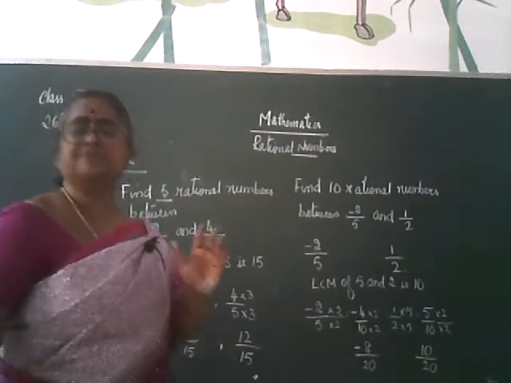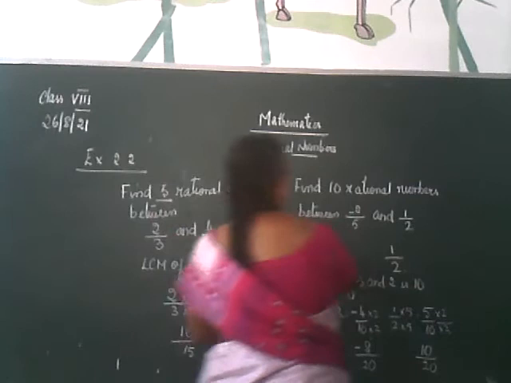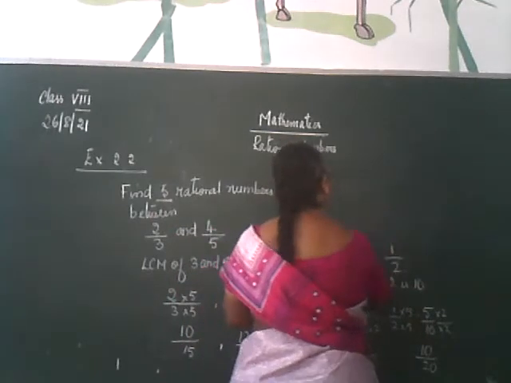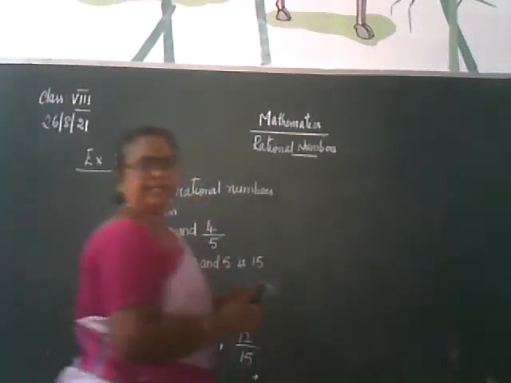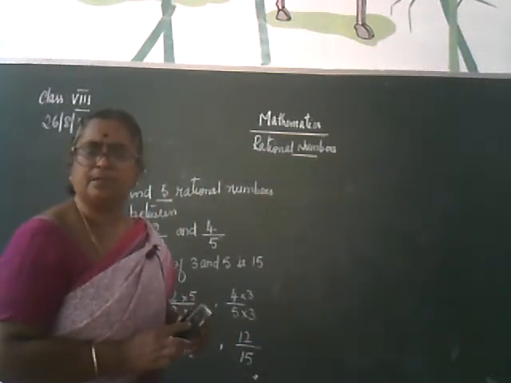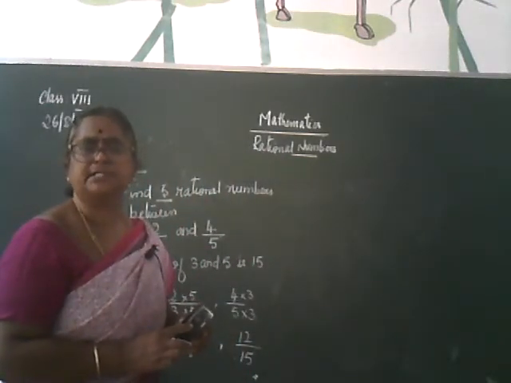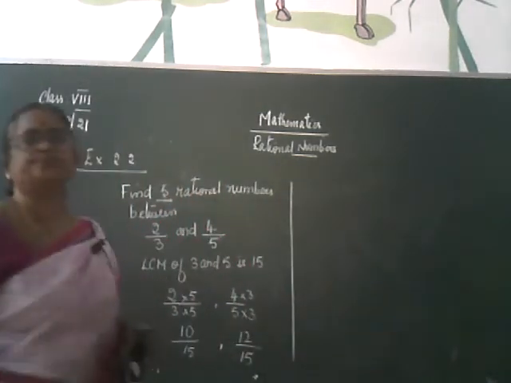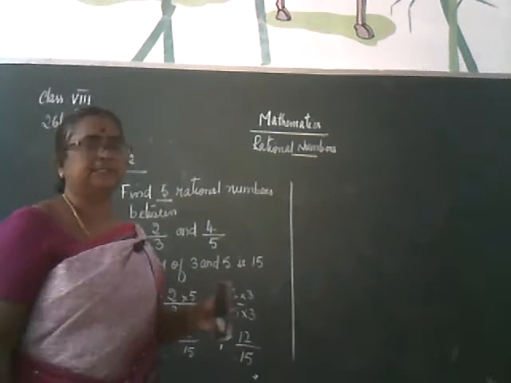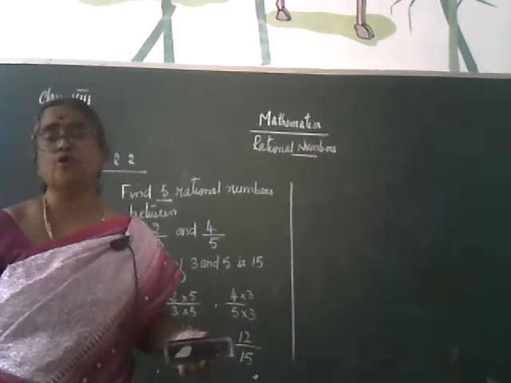So when he asks 5 rational numbers, how can I write? So again you multiply by the same number, both numerator as well as the denominator. So if I multiply by 2, 20 by 30, 24 by 30.